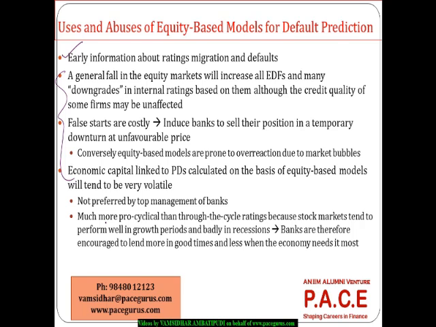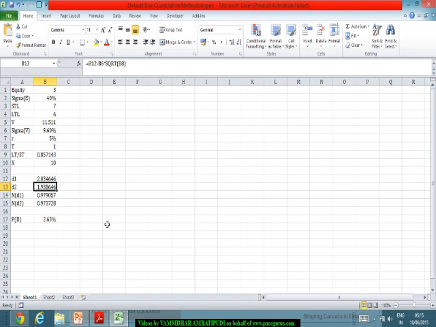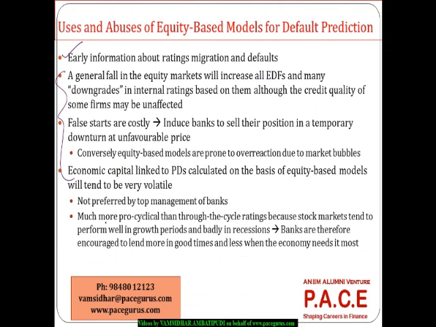And many downgrades are happening in the internal ratings, which means though the credit quality of those companies was unaffected, because the probability of default has increased for those kind of firms, their credit ratings can get badly impacted. So this is the biggest abuse that comes with these equity based models. A general fall in the equity market can hamper the credit ratings and credit quality of the company.